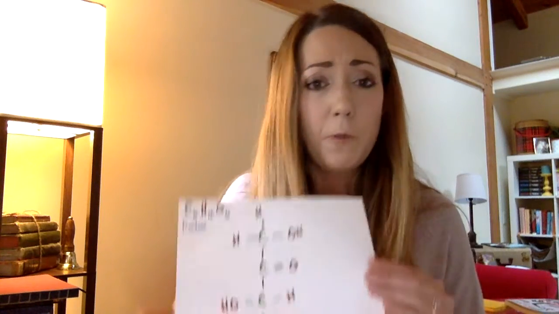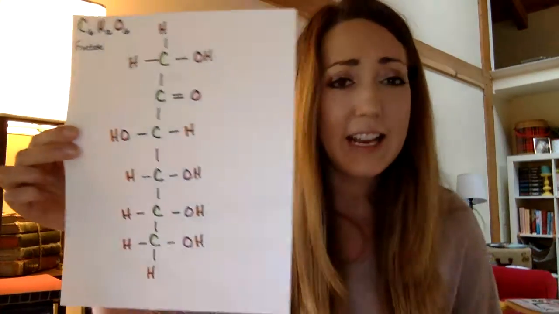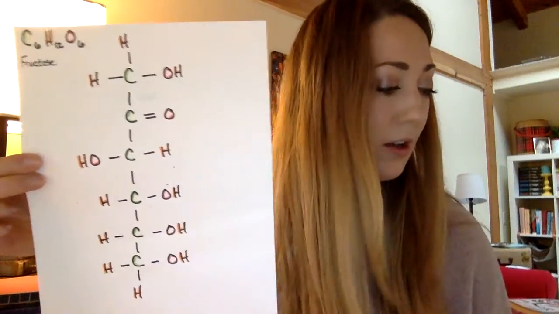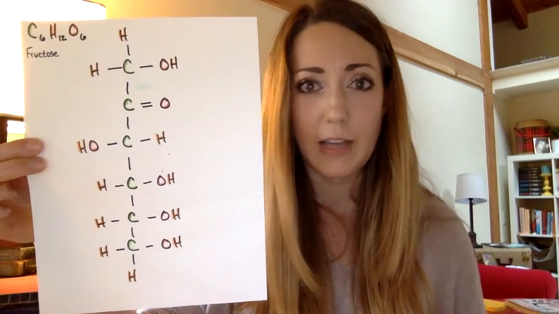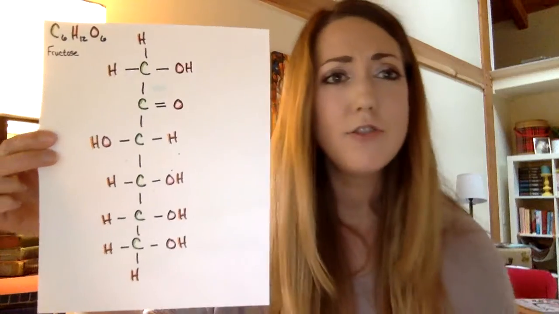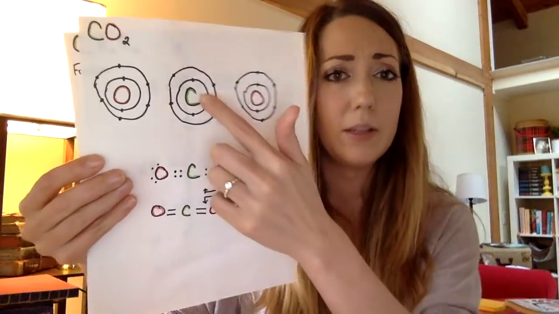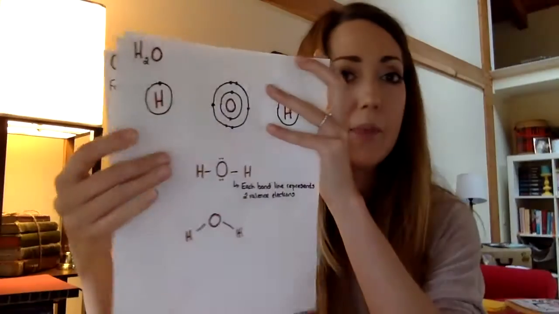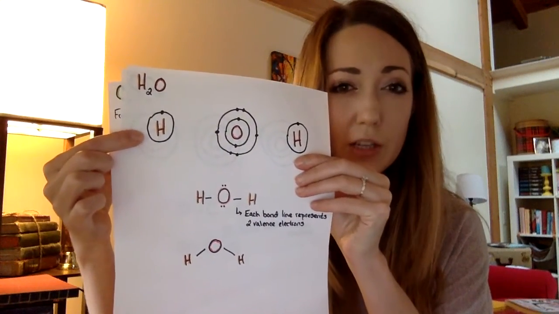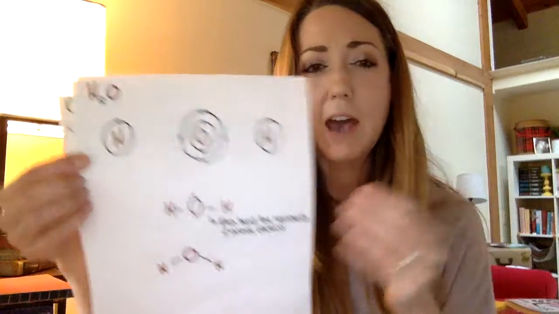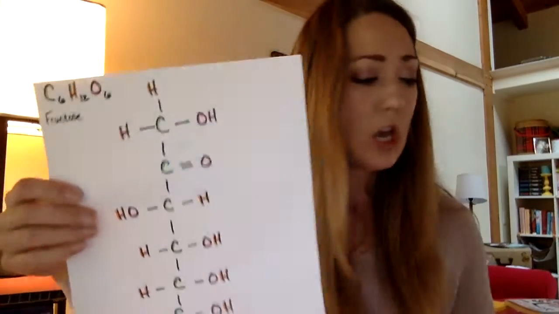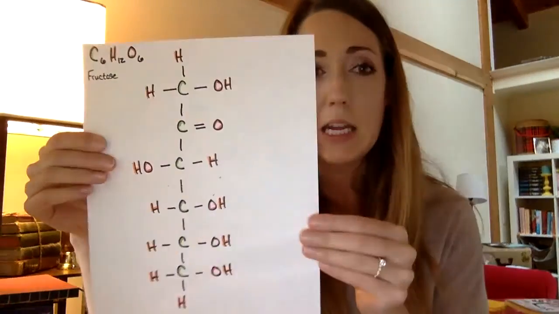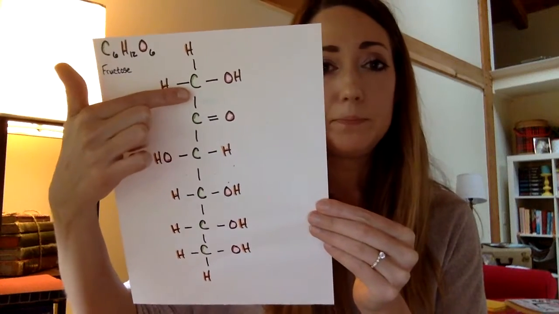So, fructose, I didn't draw out all of my electron rings. By this time, I know what carbon looks like, I know what oxygen looks like, and I know what hydrogen looks like. I know what they have to offer as electrons. So when they start bonding, look at what happens.